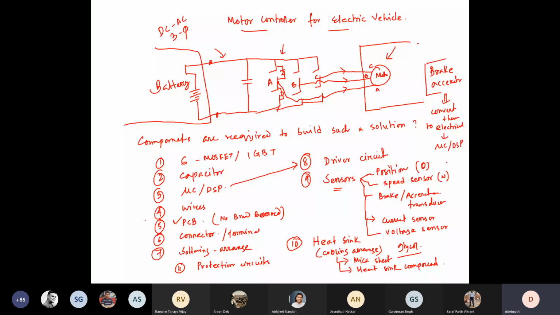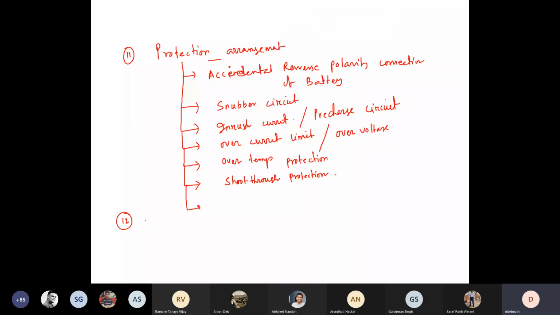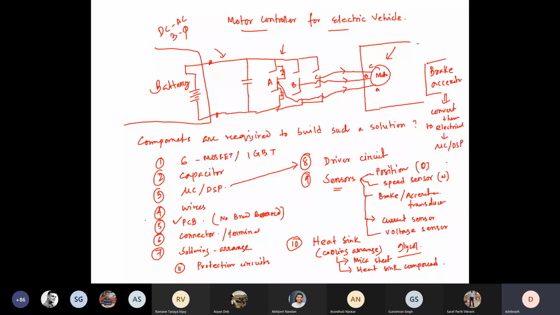Okay. But what I am trying to show is that when I say power electronic converter, don't just think it is just switches and inductor and capacitor. If you want to build the complete system, you need so many other things also. Okay. And then in the PCB you'll be having PCB tracks.